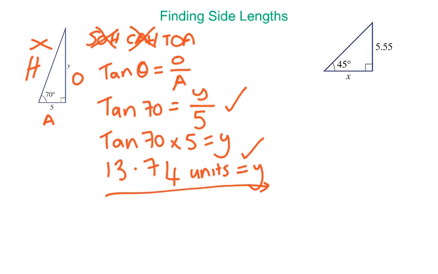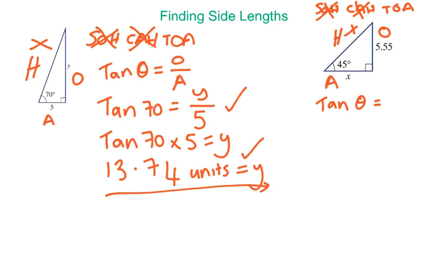Moving on to our second triangle, once again I start the process by labelling my triangle, my hypotenuse, my opposite and my adjacent. Same thing as last time. So, SOH, CAH, TOA. I'm going to cancel out which one does not have h in it because I have no information on my hypotenuse side, and once again I'm left with tan.